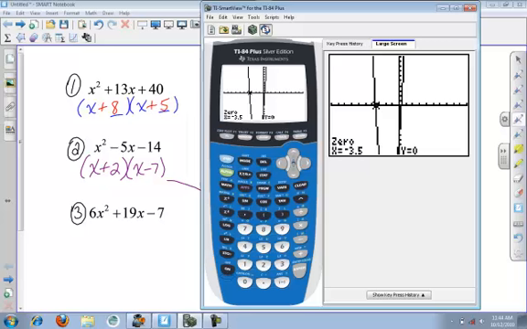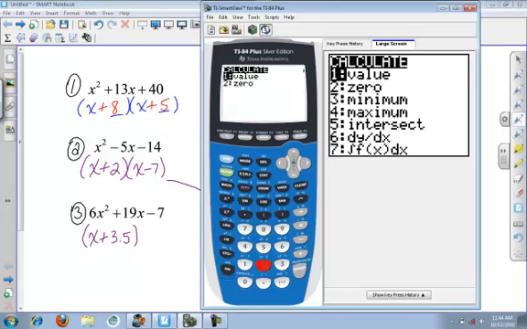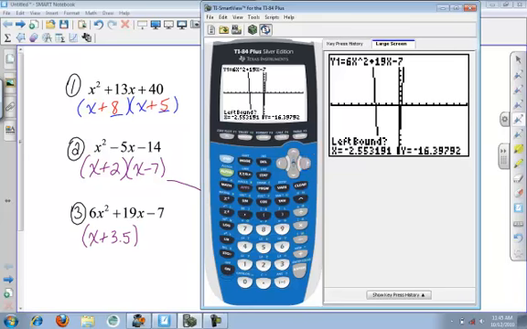So what we want to do is think: x plus 3.5 has got to be our factor. Calculate the other x-intercept, the other zero. Too far.